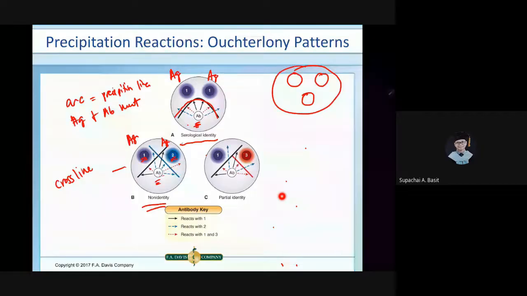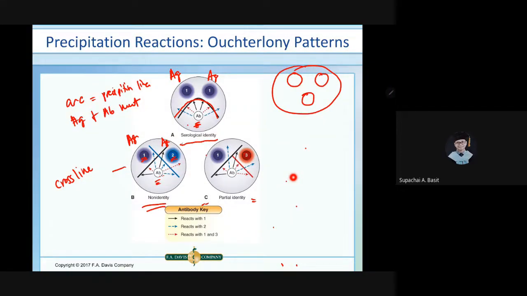Letter C is called partial identity. This particular formation is what you call the spur formation. Spur formation means that only one of the antigens is identical with the antibody.